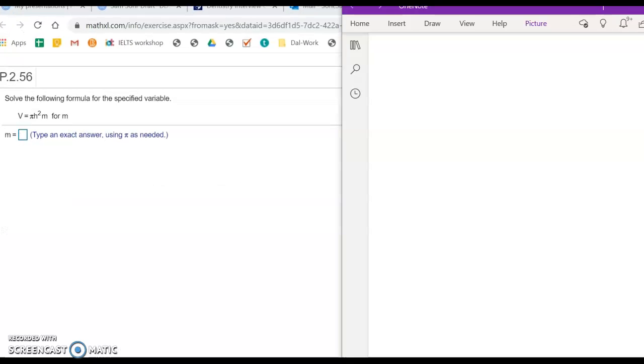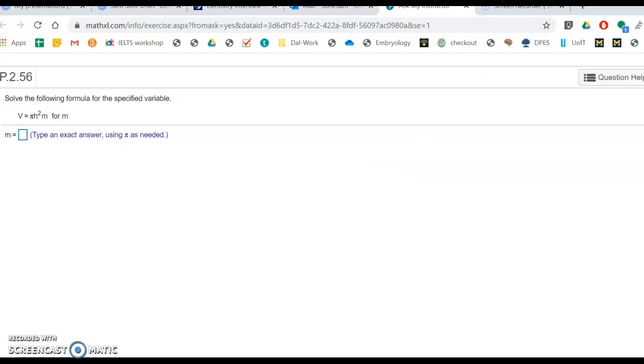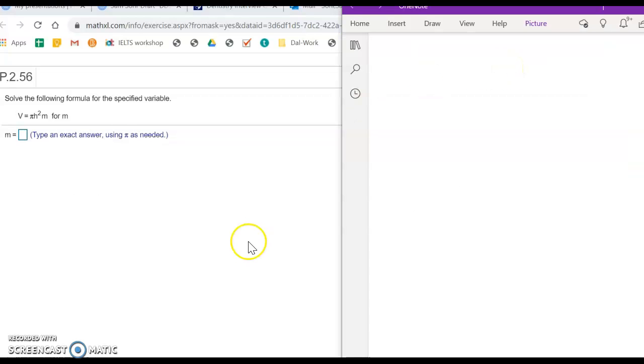There's also a video on this one if you want to check that out, but let's just start with what we have in front of us right now. First, I'm going to write the question right here on the right. V equals pi h square m, and the question is asking us to solve the following for m.